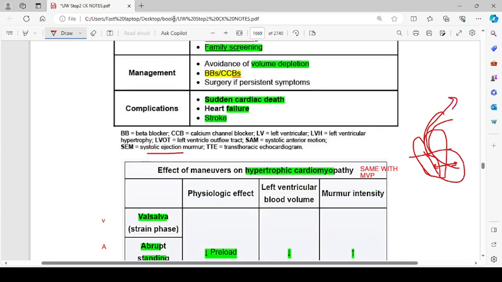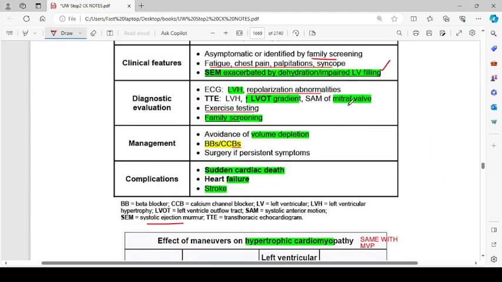This can be done by increasing the preload and filling the ventricles, increasing the left ventricular end-diastolic volume so that the ventricular size increases and the left ventricular outflow tract becomes more patent. So in cases of dehydration or any situation that decreases the preload, the murmur of hypertrophic cardiomyopathy will be exaggerated, and the reverse is also true.